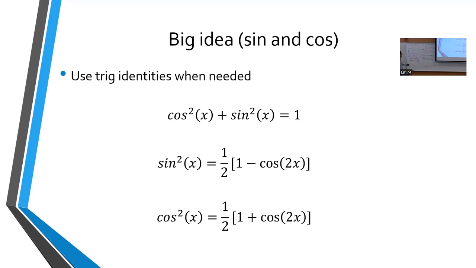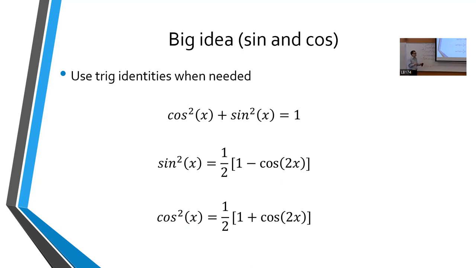I don't ask you one of those on the homework, but if you did have two even powers, like sine to the 4th cosine squared, then you have to go sine squared equals 1/2 minus cosine of 2x. Cosine squared equals 1/2, 1 plus cosine of 2x. Multiply those things out.